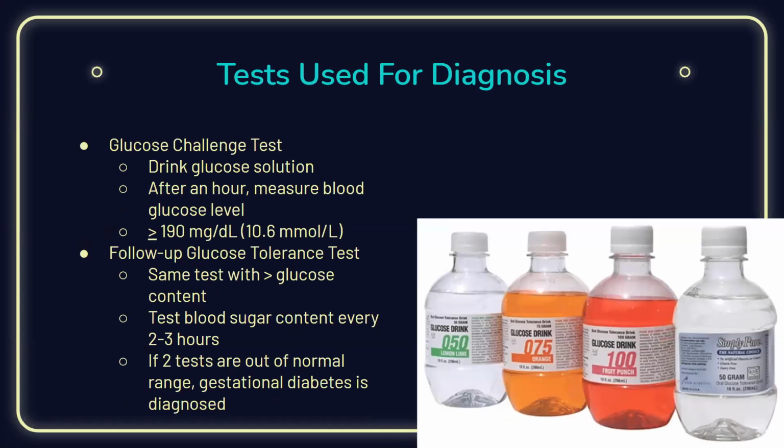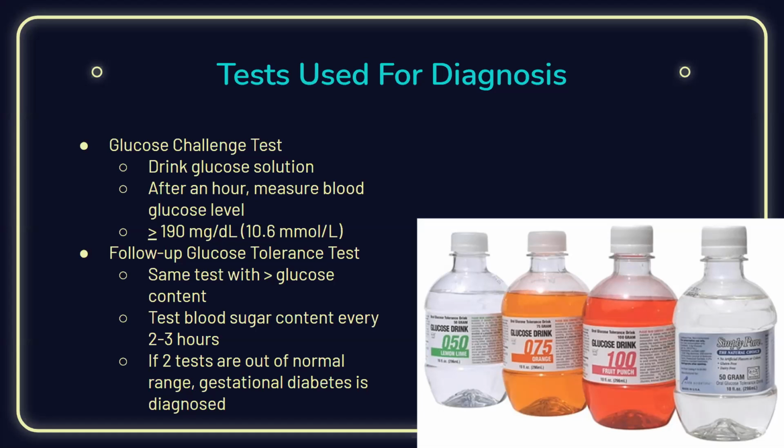The test used for diagnosis is a glucose challenge test. You drink a glucose solution, and after an hour you measure the blood glucose level to see how much you have digested. If it's greater than 190 milligrams per deciliter, or 10.6 millimoles per liter, then you probably have gestational diabetes.